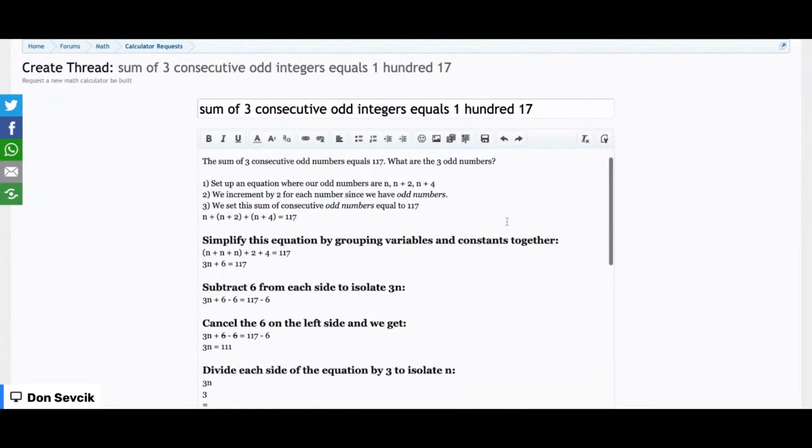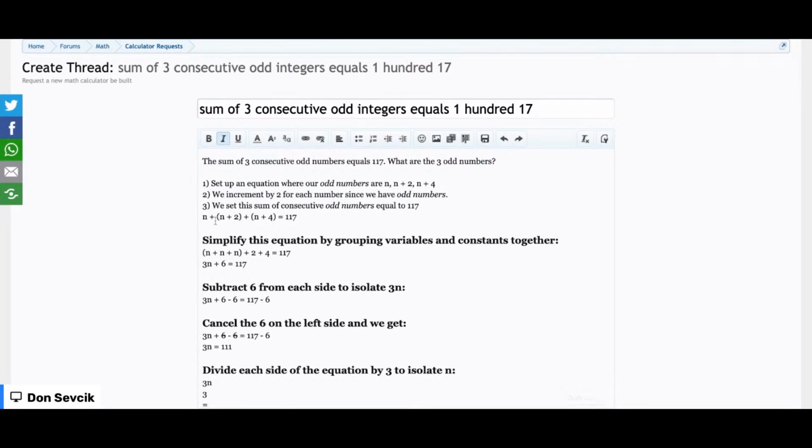Okay. Notice they said odd. This is key here. In fact, I'm going to italicize this. Odd numbers. We pick a first number n. The next odd number is n plus 2, right? We're not doing consecutive, we're doing consecutive odd numbers. And then the next consecutive odd number is n plus 4. And we do this because we have odd numbers.